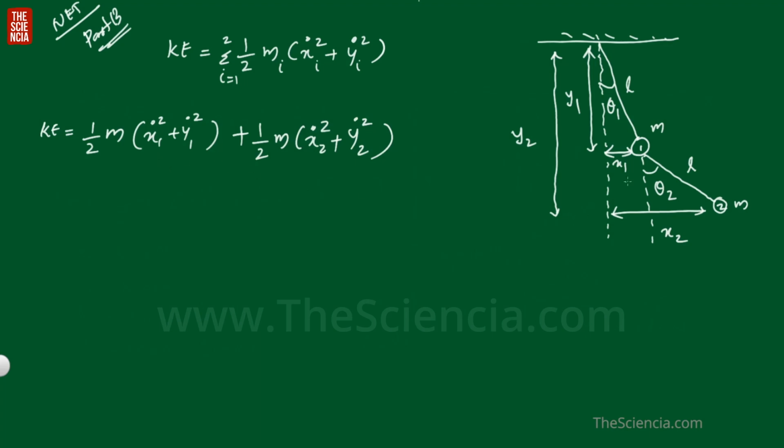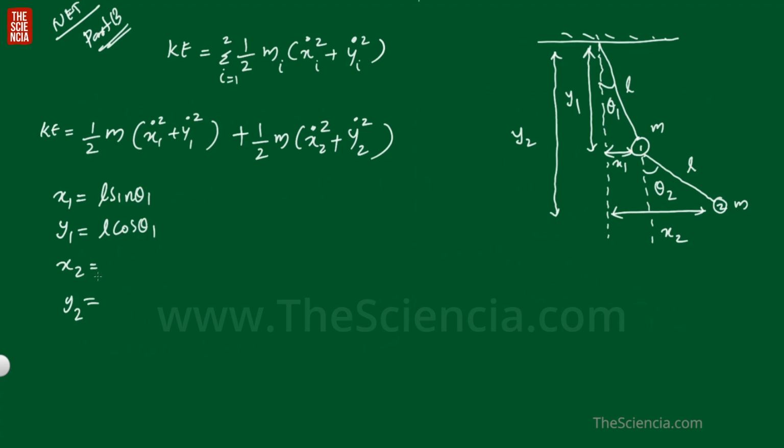Now we have to find the x1 value, y1 value, x2 value and y2 value. So what is the x1 value? This is theta 1 and this length is L, so x1 will be equal to L sin theta 1. And the y1 value will be equal to L cos theta 1.